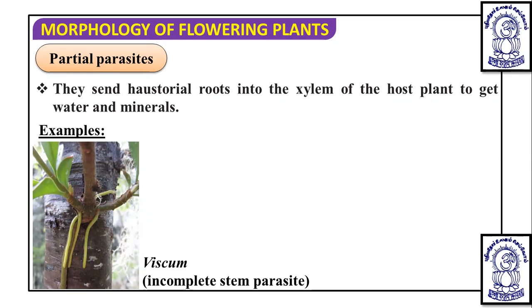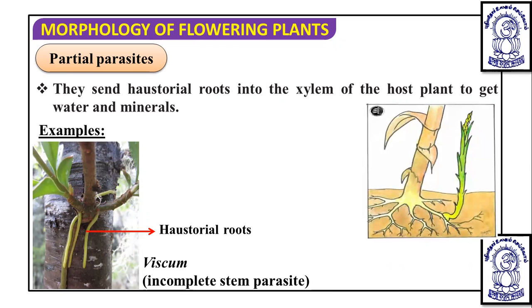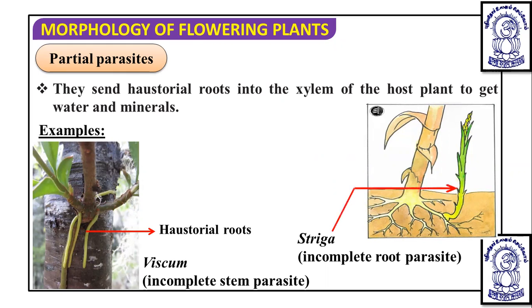It is dependent on another plant or host plant and sends its haustorial or sucking root to the xylem of a stem and gets limited content. So it is known as an incomplete stem parasite. These are the haustorial roots. Another is Striga, which is an incomplete root parasite. Means the haustorial root penetrates the root of the host, so it is known as a root parasite.